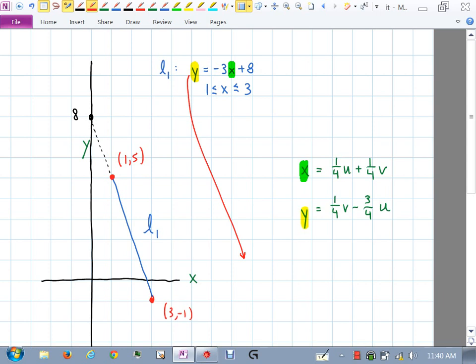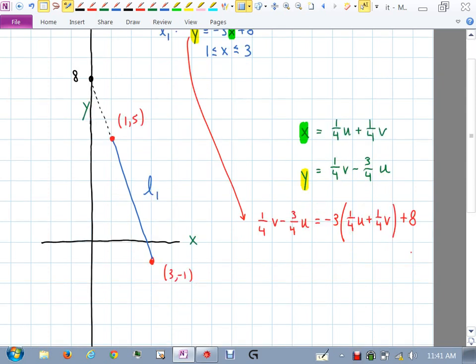Let y be 1/4 v minus 3/4 u. That must equal -3 times x, but x is 1/4 u plus 1/4 v, and then plus 8. Everyone see that's just a direct substitution of y and x into the equation we came up with for L1.